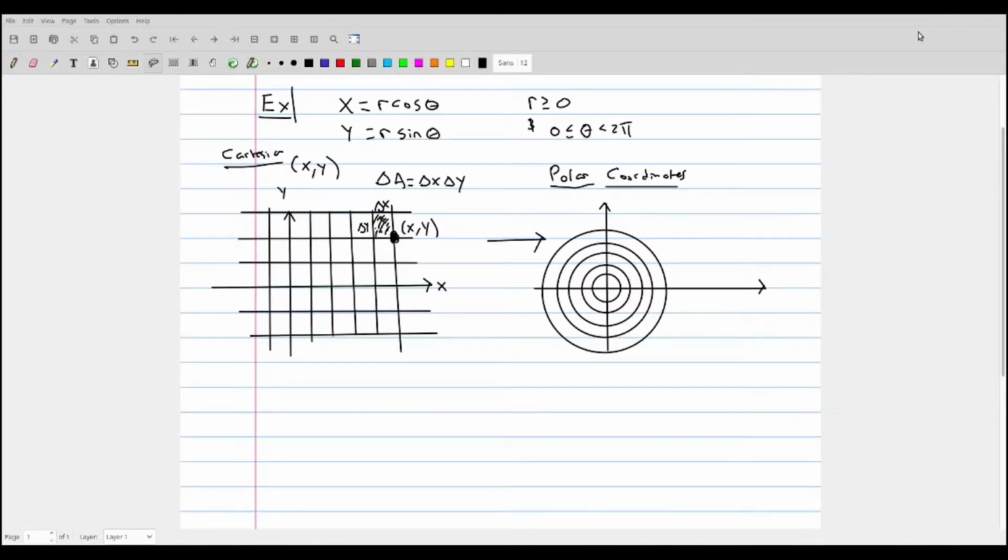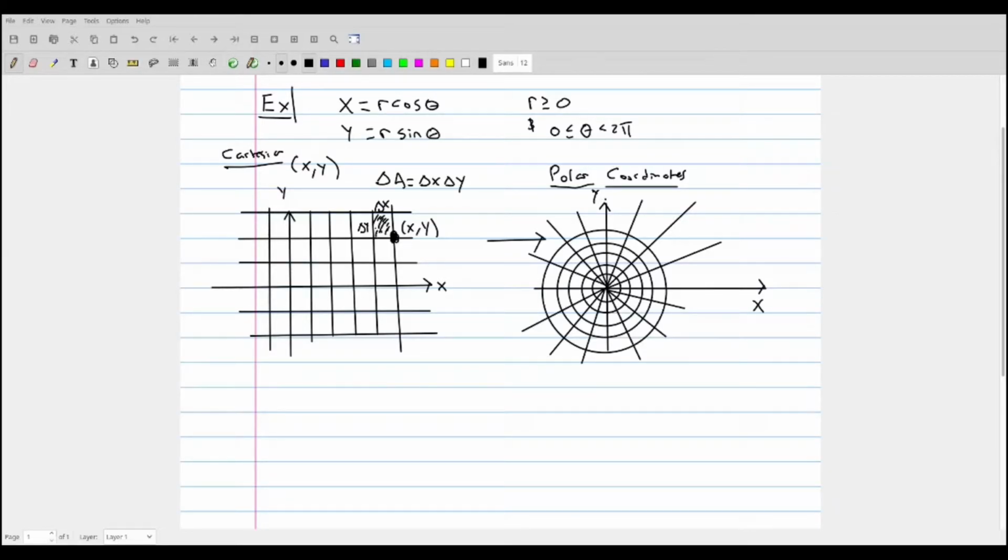So for fixed values of r, we have fixed circles of varying radius, and for fixed values of theta, we have straight lines. And so for fixed values of the angle theta, remember the angle theta is the angle from the x-axis, we have straight lines for each fixed value of theta.